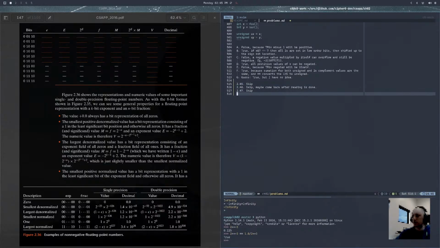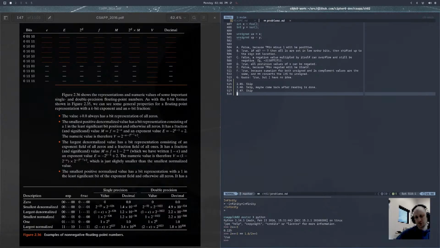Figure 2.36, which is at the bottom of the page, shows the representation and numeric values of some important single and double precision floating point numbers. As with the 8-bit format shown in figure 2.35, we can see some general properties for a floating point representation with a k-bit exponent and an n-bit fraction. The value 0 always has a bit representation of all zeros.